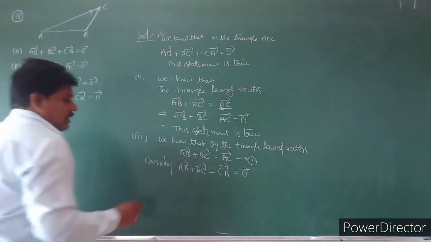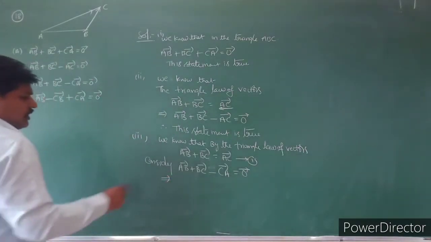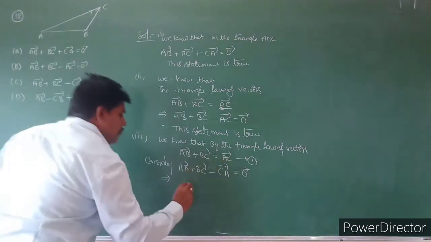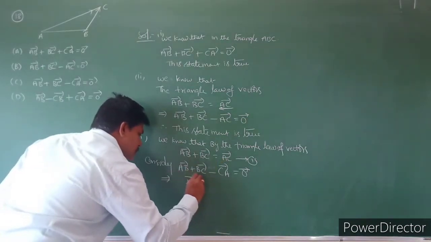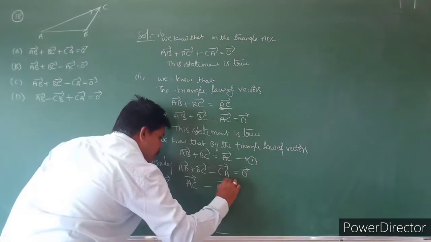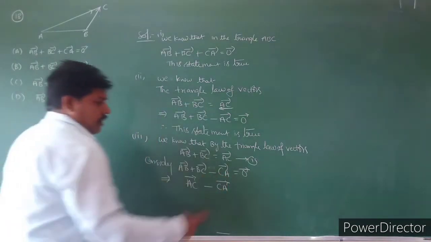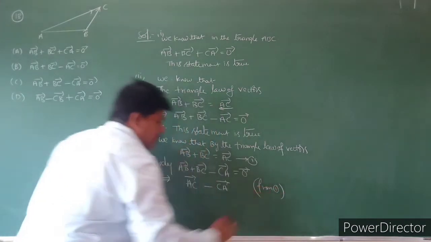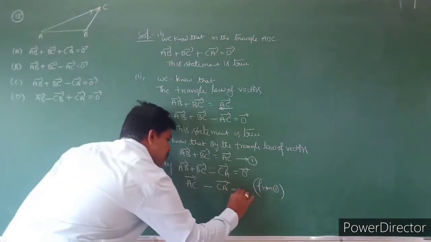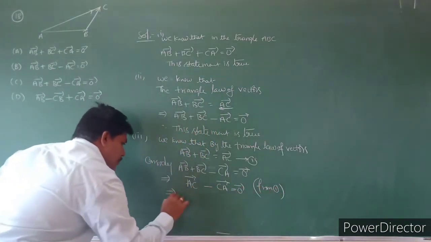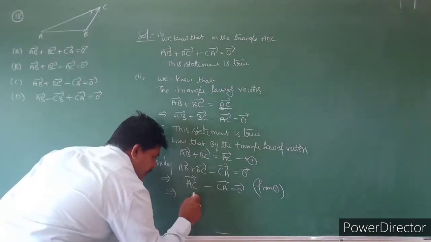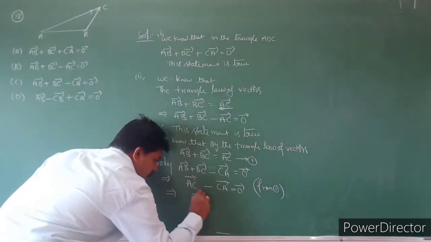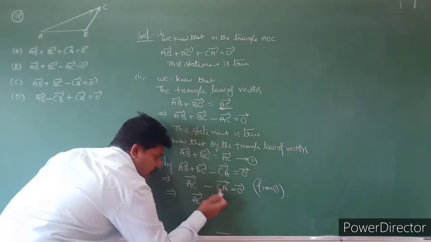Okay, so here that implies AB plus BC will become AC bar minus CA bar from 1. Yes or no? So that implies that is equal to 0 bar. So AC bar, if you change the direction, it will become minus.